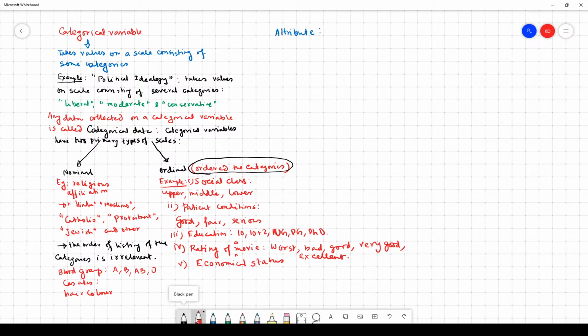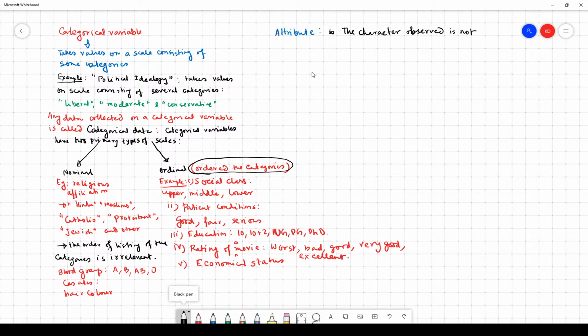Yes, Shashwat, if you consider grade, then it is also ordinal data.